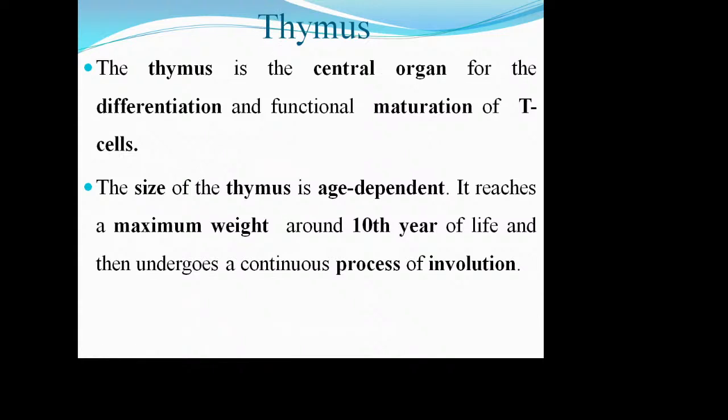It reaches a maximum weight around the 10th year of life and then undergoes a continuous process of involution. That's why in old patients the amount of T cells extremely decreases, and immune protection is not so active in old patients.